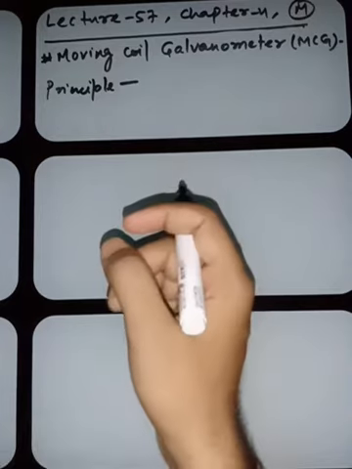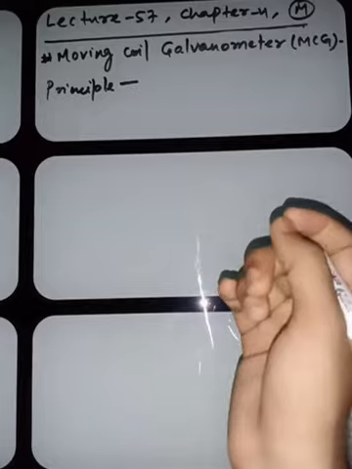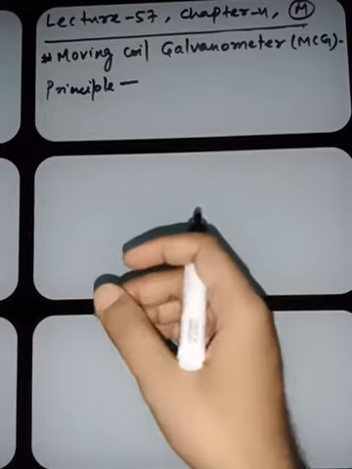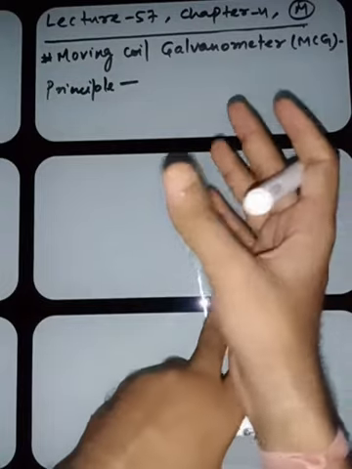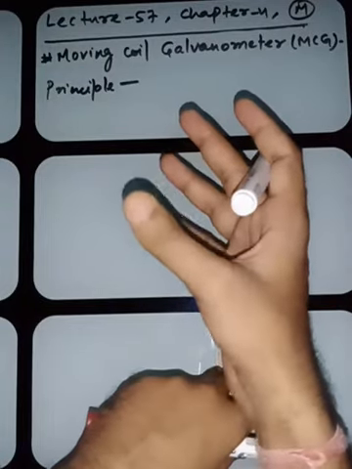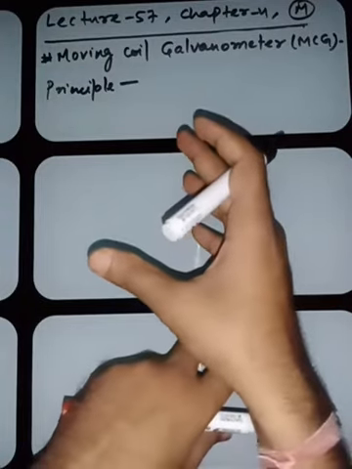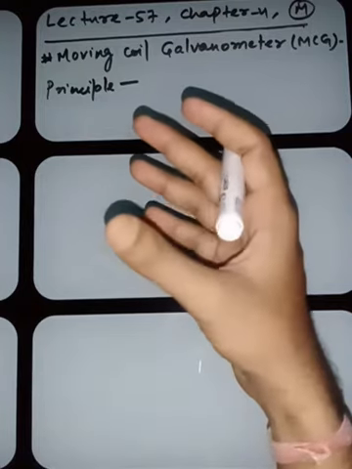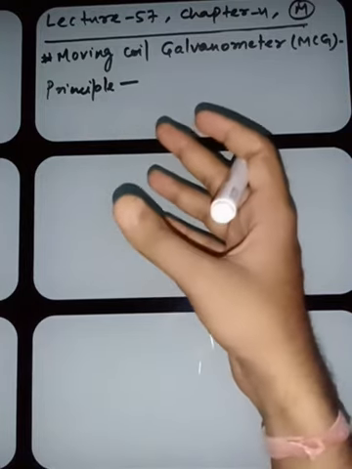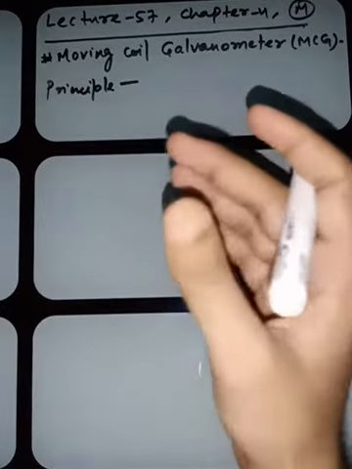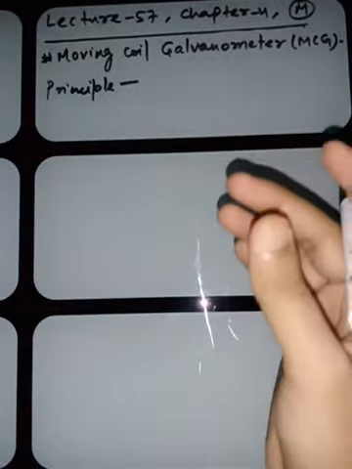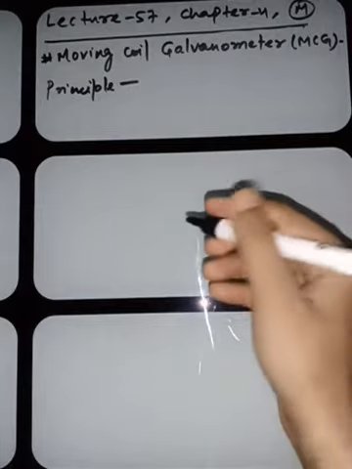All right, and this is the principle of the galvanometer. You know very well, if you place a current carrying coil inside a magnetic field, due to that magnetic field the coil experiences some force. All right, and due to that force it starts moving, and due to the motion it experiences some torque.